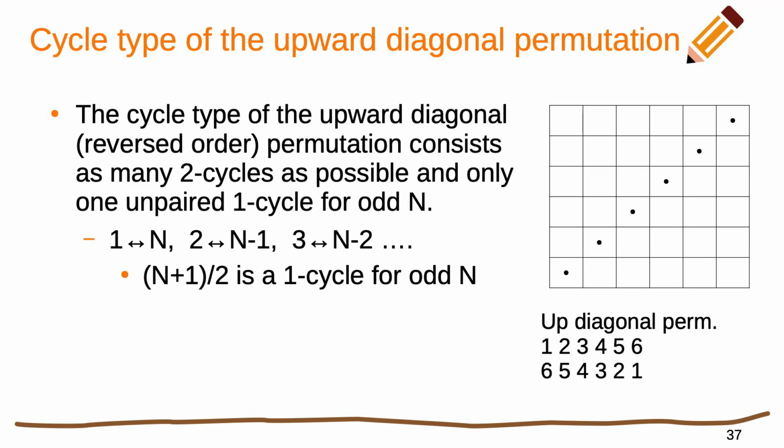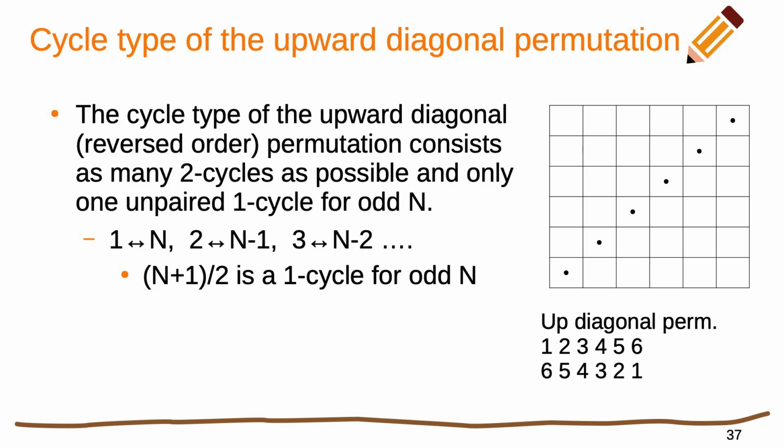Then let us examine the cycle type of the upward diagonal permutation, or reverse order permutation. As an example, here is the upward diagonal permutation of order 6. In this permutation, 1 maps to 6 and 6 maps to 1, so they form a 2-cycle.